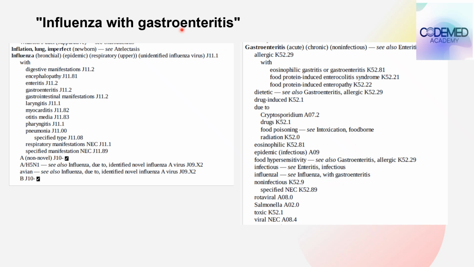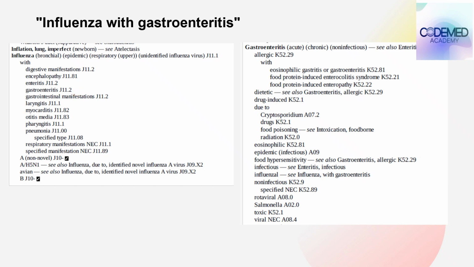So sometimes by mistake also, if you have taken this as a main term, your ICD book will help you to go to the same code, because if I have taken influenza, I was getting a code, but by mistake if I took gastroenteritis, it was directing me to the same code, and then you found the code. And what was it?